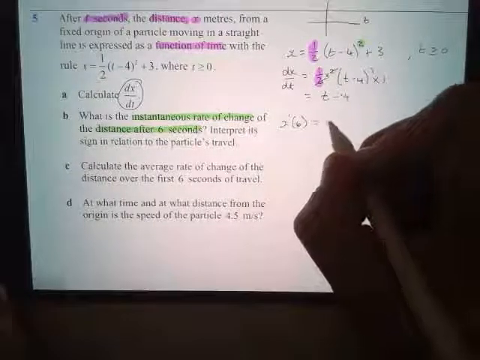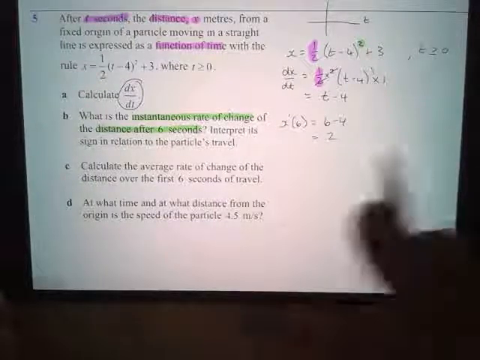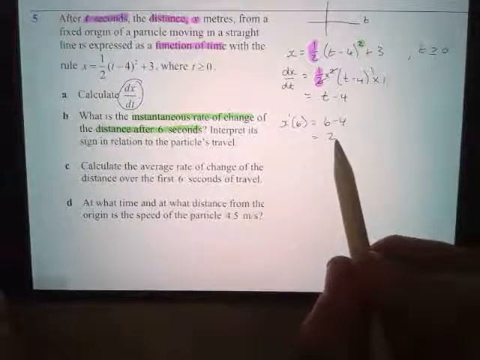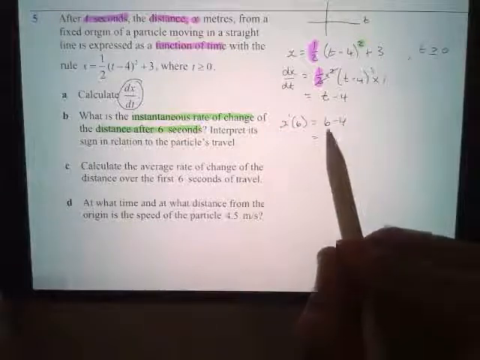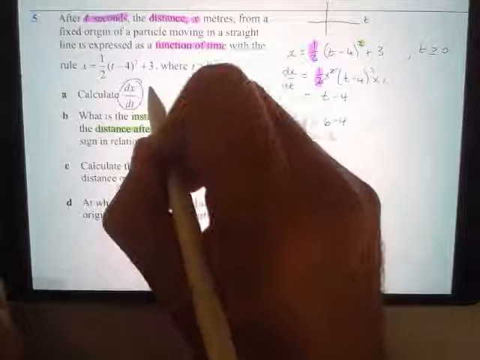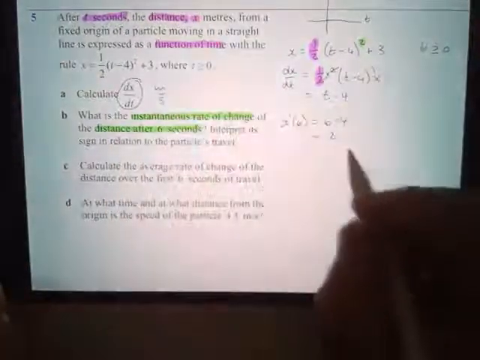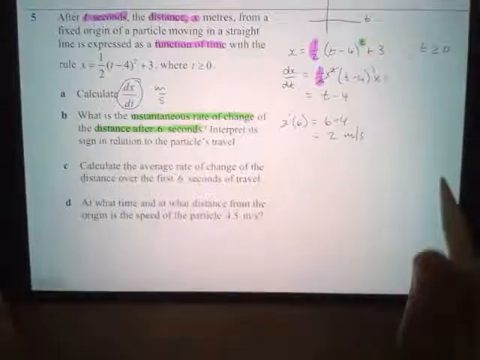That will give me 6 minus 4, and that equals 2. So it's positive 2. That positive 2 is how x changes in terms of time. x is in meters and time is in seconds, so it's 2 meters per second.